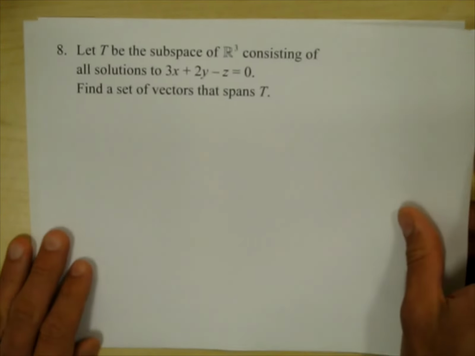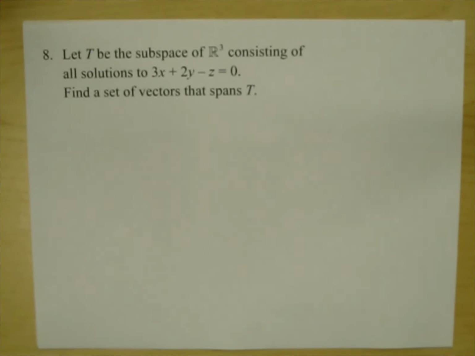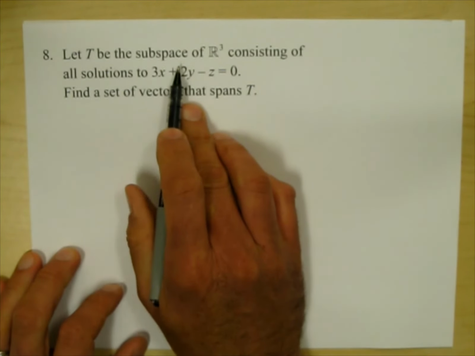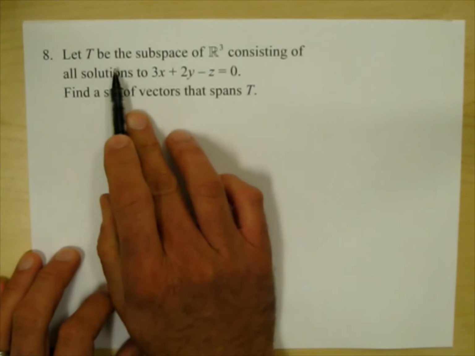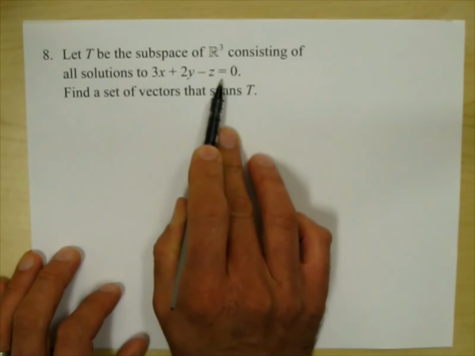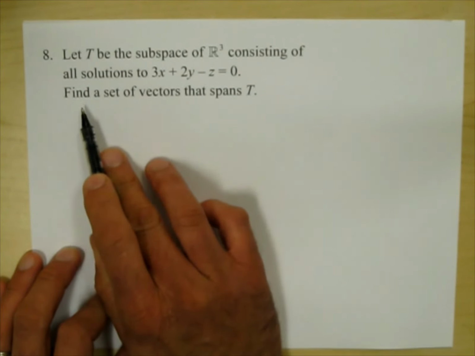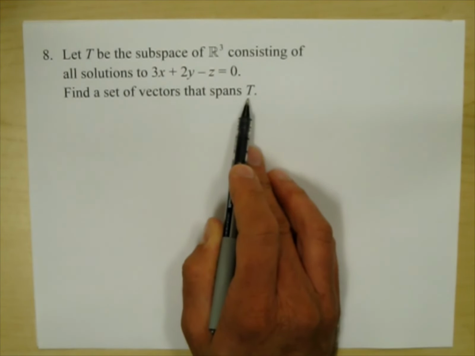Problem number 8. So these are going to be a little different from the ones we've been doing. T is the subspace of R3 consisting of all solutions to this plane. So vectors that satisfy this plane. Find a set of vectors that spans T. So in the previous problems, we've been giving you the set of seeds, and some of those problems ask you to find the span of the seeds.